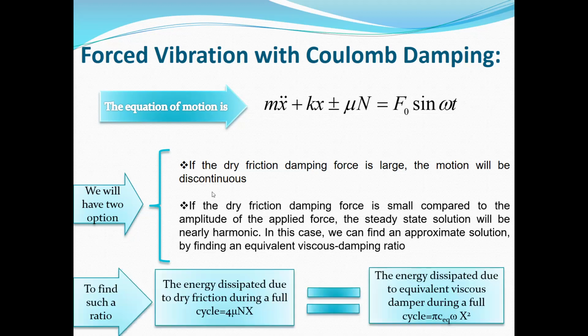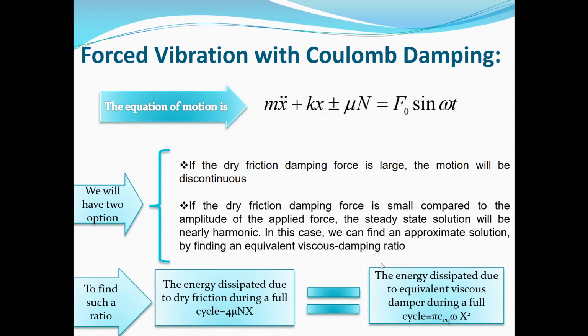To find the equivalent viscous damping, we should use the energy dissipation equation. We know that in a system with dry friction, or Coulomb damping, the energy dissipated in a full cycle is 4 mu N X. And for a system with viscous damping, the energy dissipated in each cycle is pi times c times omega times X squared.